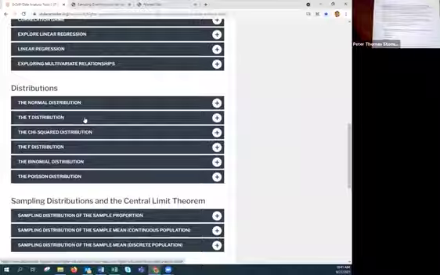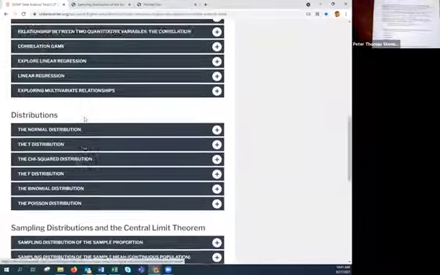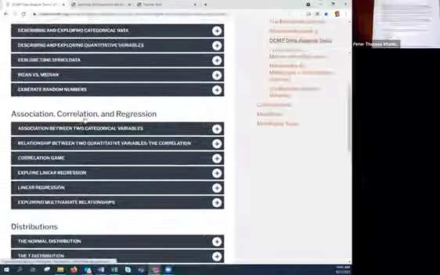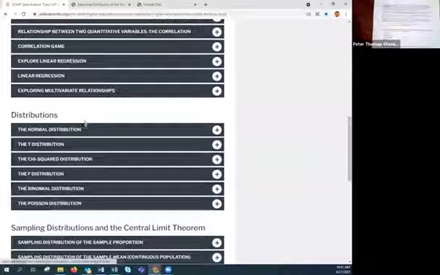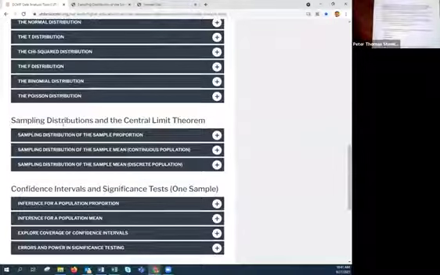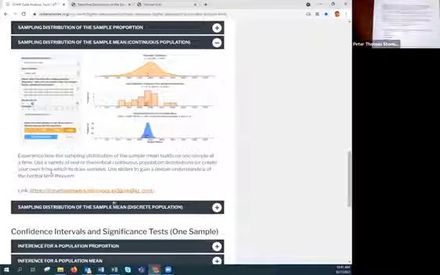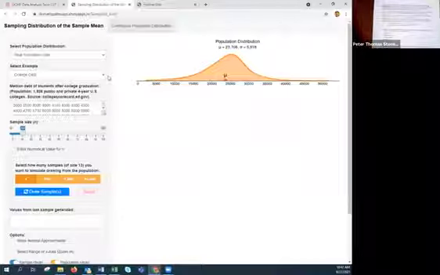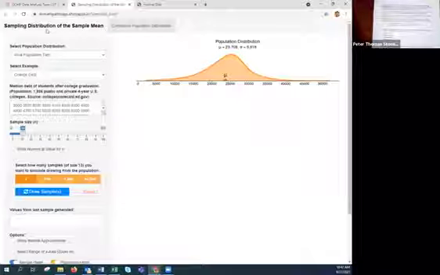For this one, they're asking you to go to the Shiny app for sampling distributions and looking for the continuous one. So look at sampling distributions, central limit theorem, sampling distribution of the sample mean, continuous populations. This is the link they have in the activity. You could click on this link. It'll bring you to this app right here, which is called sampling distribution of the sample means, continuous population distributions.